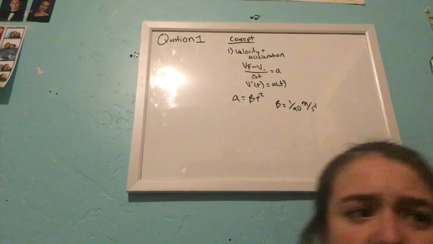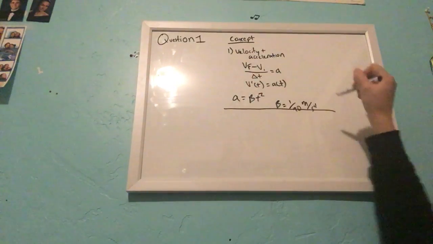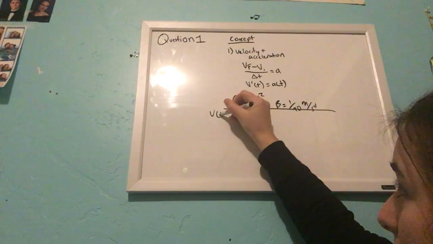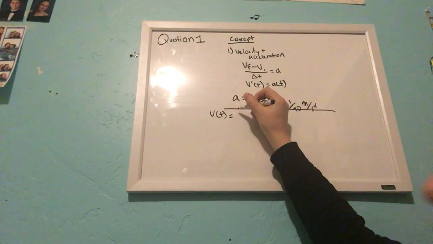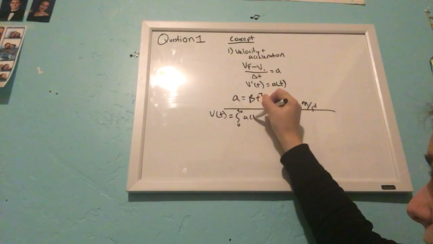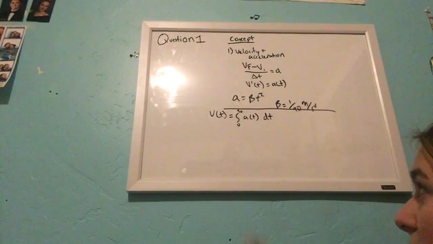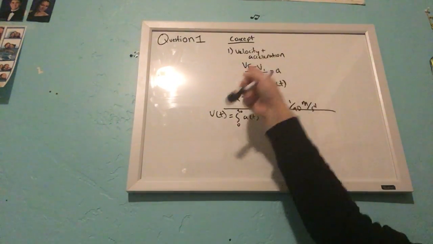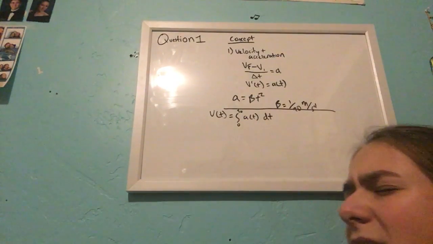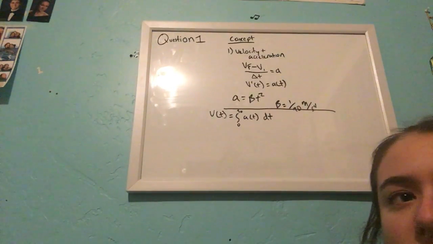So I'll draw a line right here. Velocity is equal to the integral from 0 to 30 of acceleration with respect to time. Okay, so this shows the concept above, how the antiderivative of acceleration is velocity. That's what I explained in the concepts.